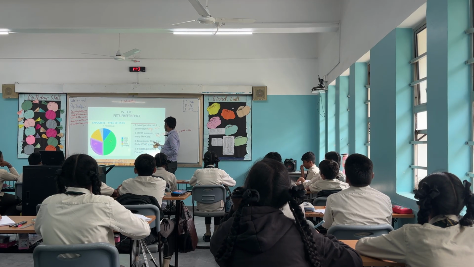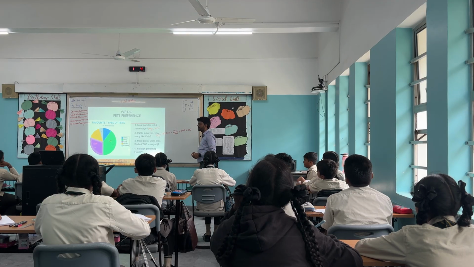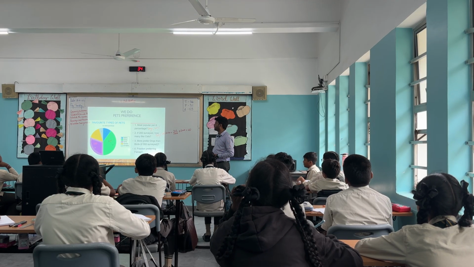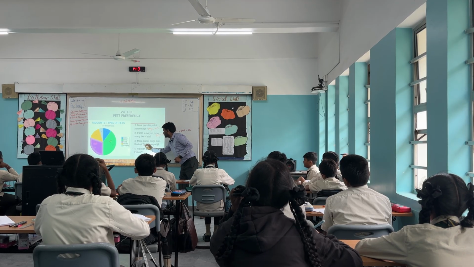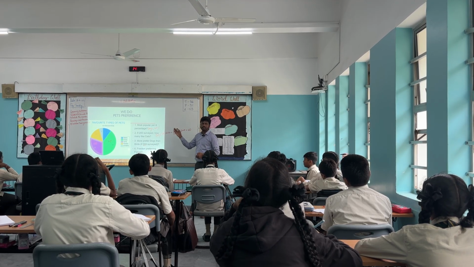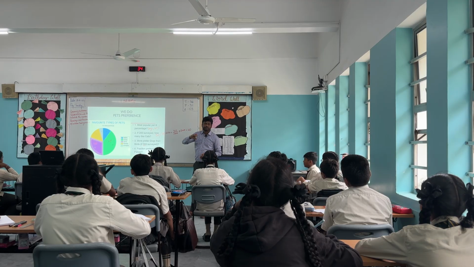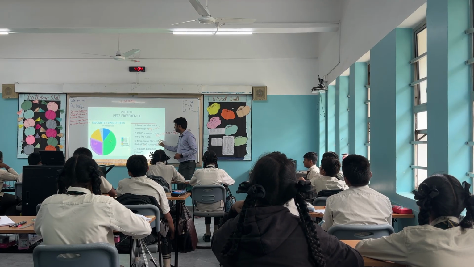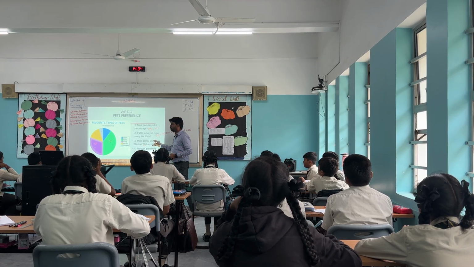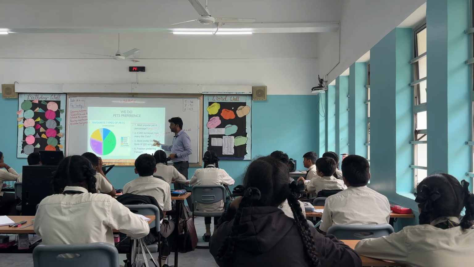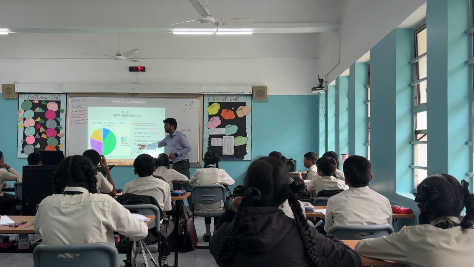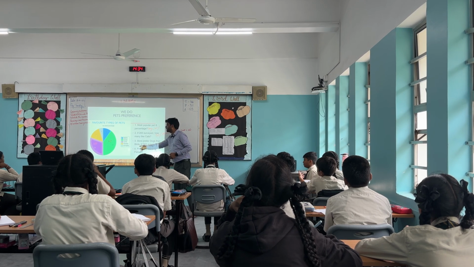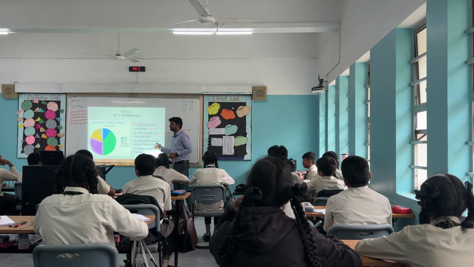More prefer dogs than birds. First, you should know how many people like dogs out of 300. This time he surveyed 300 people, and he wants to know how many people like dogs and how many like birds, and compare them.